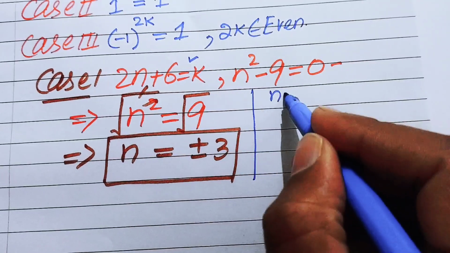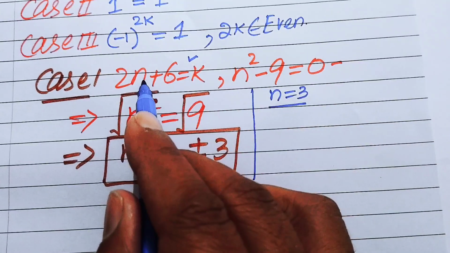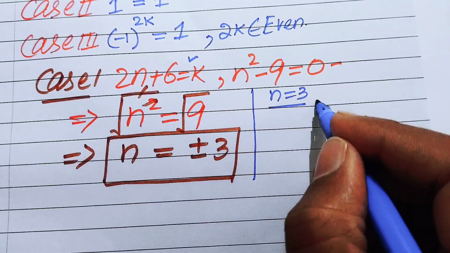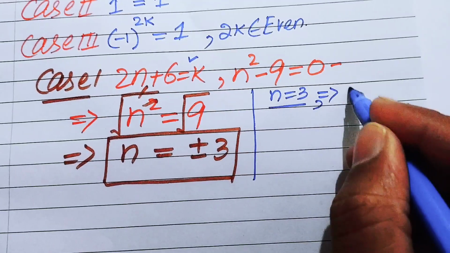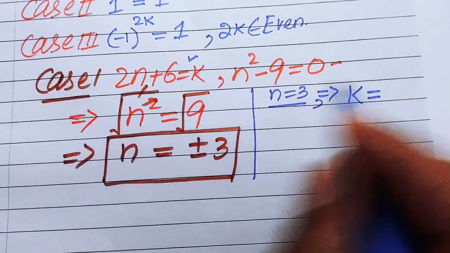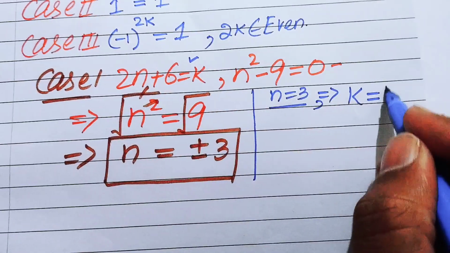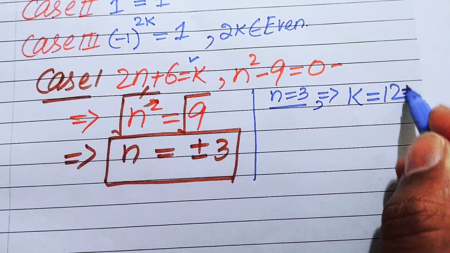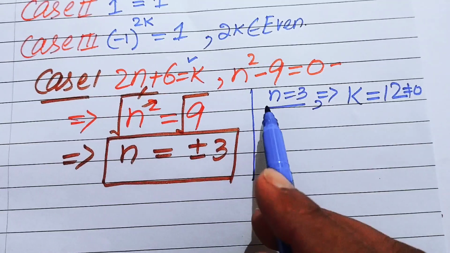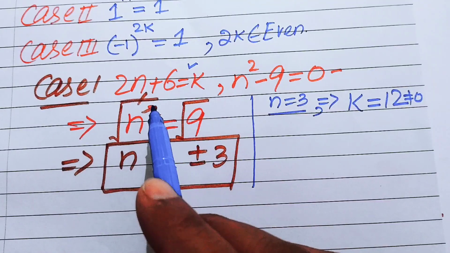So when we put n equals plus 3 in this equation, this implies that k equals 3 times 2 plus 6, which is 12. So our 12 is not equal to 0. It means that n equals 3 satisfies case number 1.